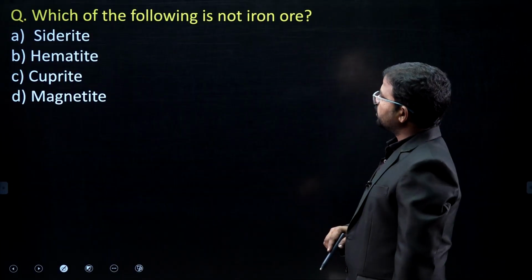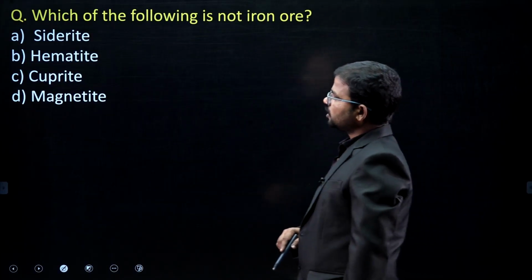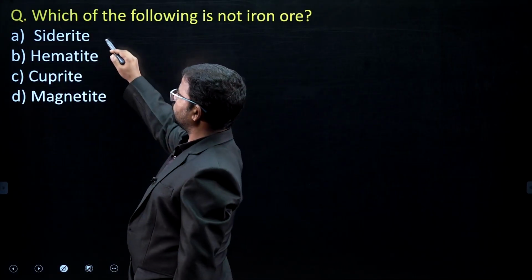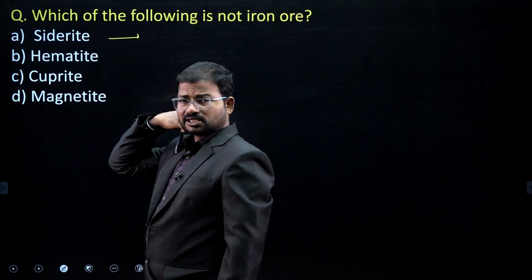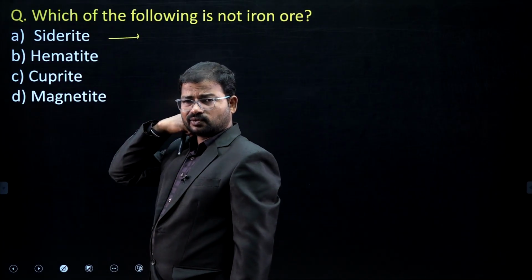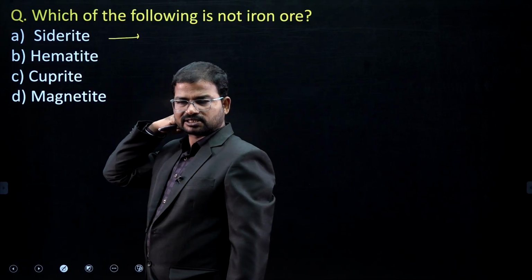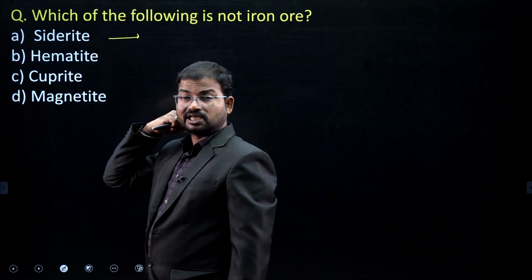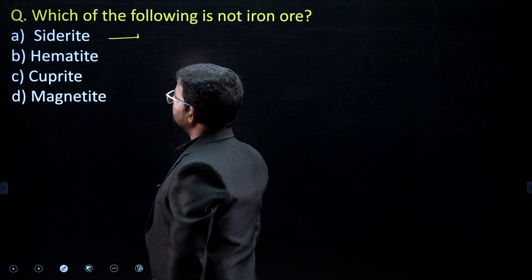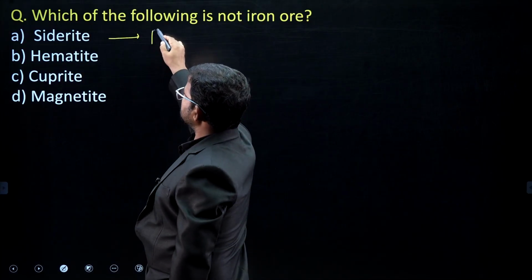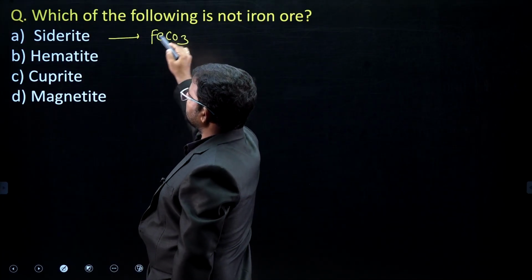Next one, which of the following is not an iron ore? Here, ore means a raw material used to extract a metal, especially in industries. Siderite means iron carbonate.